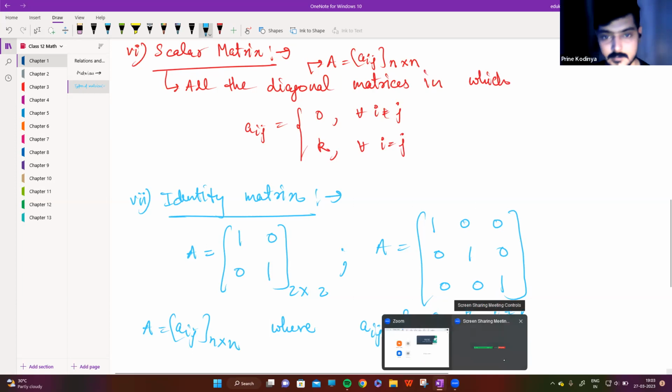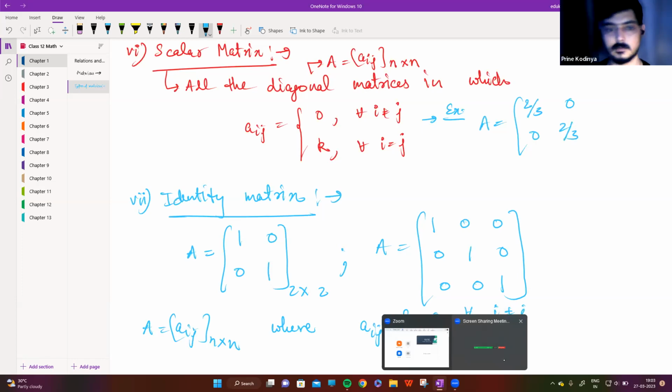Now, another example of scalar matrix can be, let's take this 2 by 3, 0, 0, 2 by 3. Whatever the matrix is, you can also put this as k, but k should not be equal to 0.